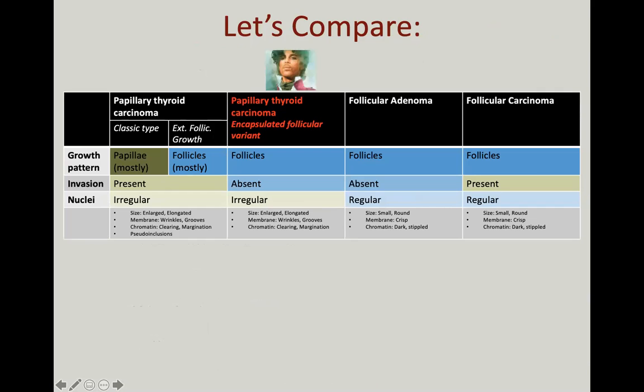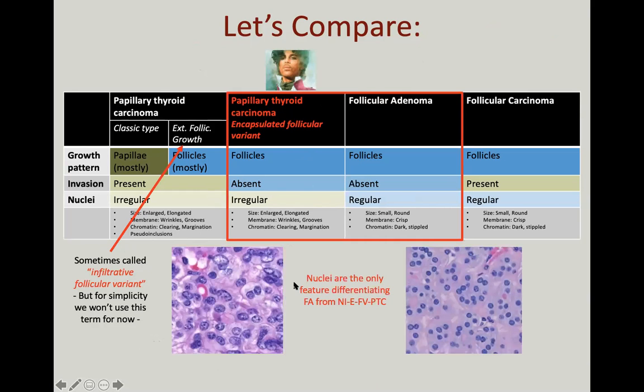So just as a reminder of how these sort, we had the former encapsulated follicular variant of papillary thyroid carcinoma. We had the so-called infiltrative follicular variant of carcinoma, which, as its name suggests, was evidently infiltrative and had a behavior very similar to classic papillary thyroid carcinoma.